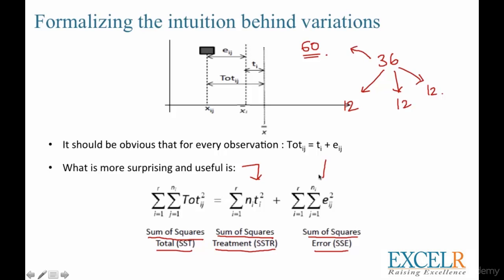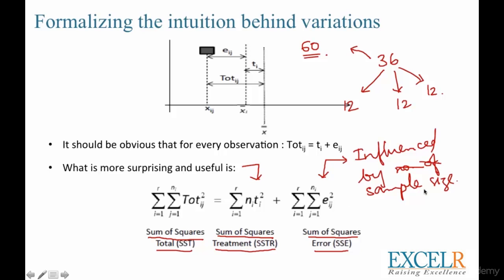And when you square it, obviously, this value is going to increase. So this value is going to be influenced by sample size, which is wrong. Your formula should not be influenced by your sample size.